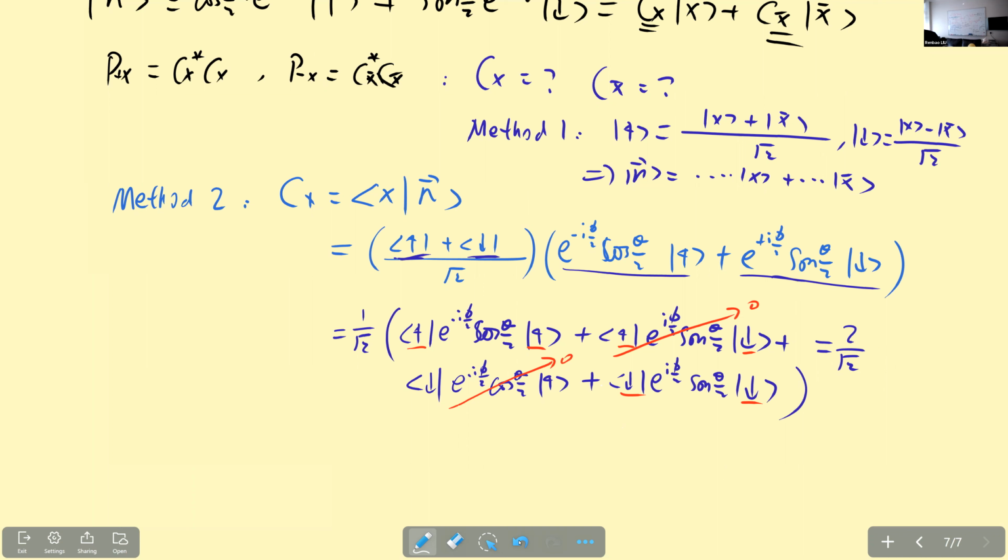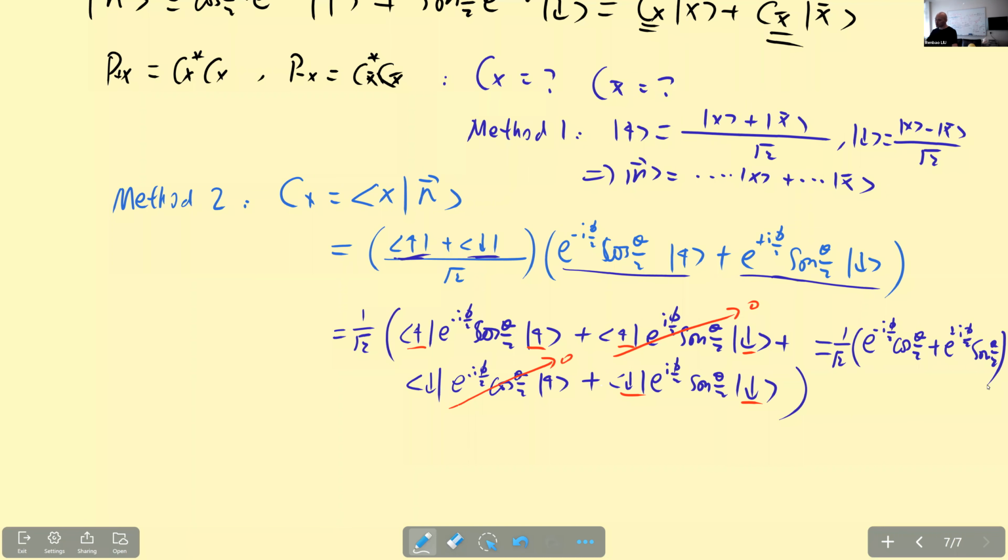So you have 2 terms. So that's 1 over square root of 2, e to minus i phi over 2 cosine theta over 2, right? And then plus e to plus i phi over 2 sine theta over 2. Okay. So this is one term, right?